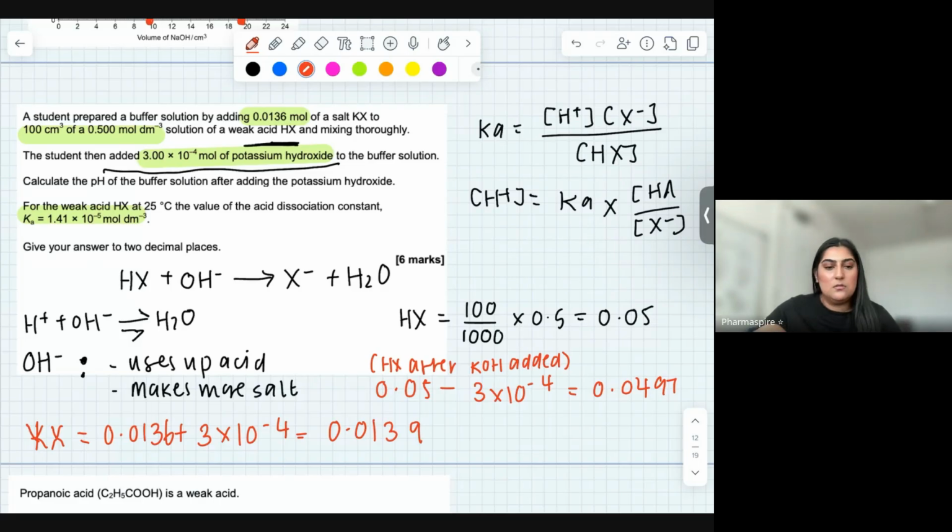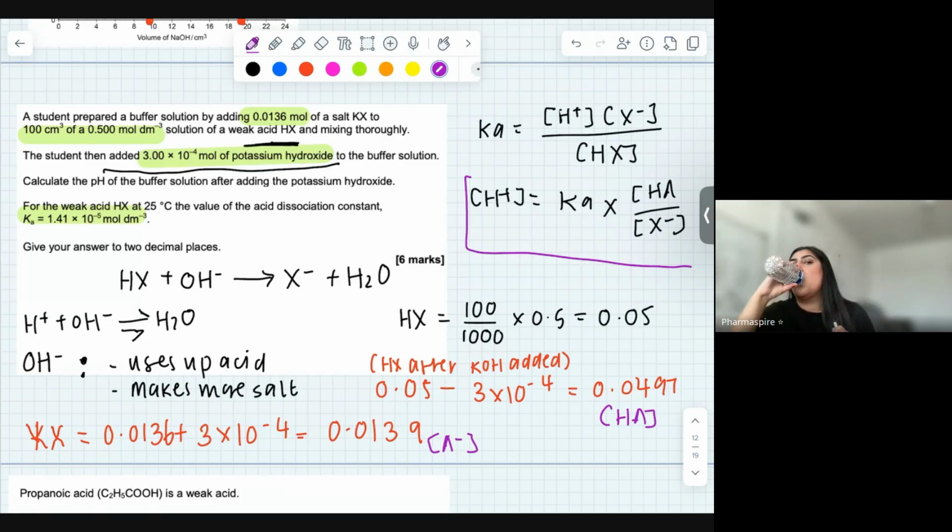Everyone happy with that before we move on? Cool. So we can shove it in now, because technically this is our HA and this is our A minus. Can everyone work out the pH by shoving it in here? Excellent. Yeah, 4.3.